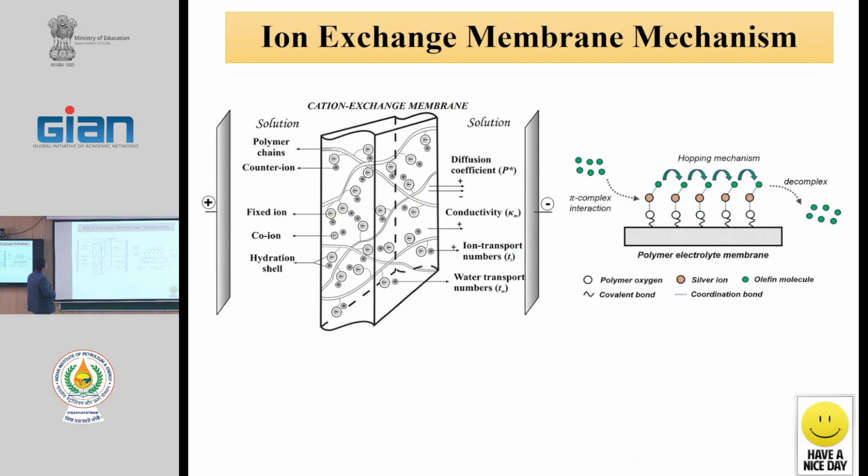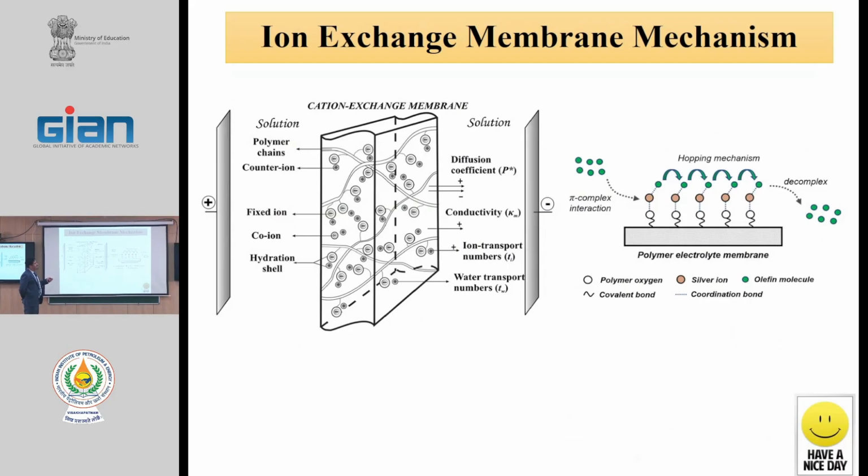We have many polymeric chains with functional groups of negative charge. They can be sulfonic acid or carboxylic acid. These carboxylic and sulfonic acid groups can adsorb protons, calcium, or magnesium, and we have a hopping mechanism.